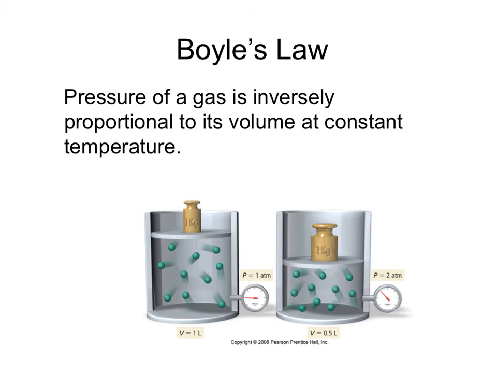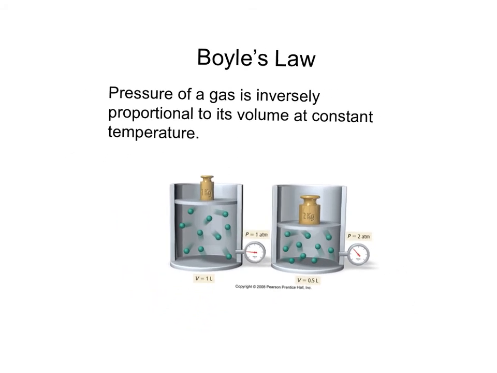This one is going to be the first of several individual gas laws, and in the end we're going to put the individual gas laws together to come up with the ideal gas law.